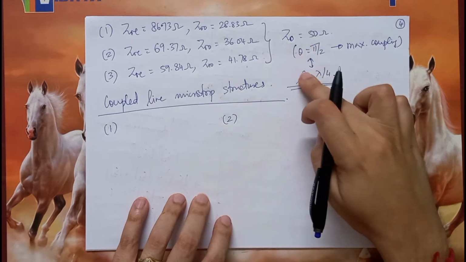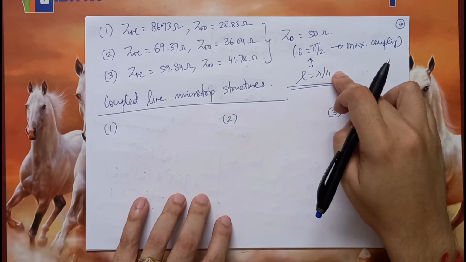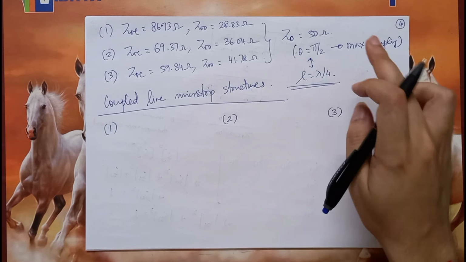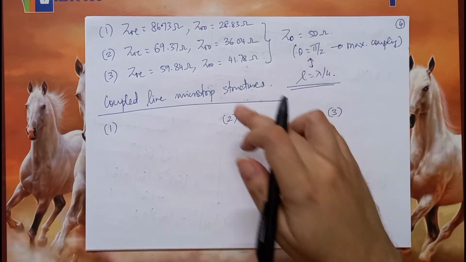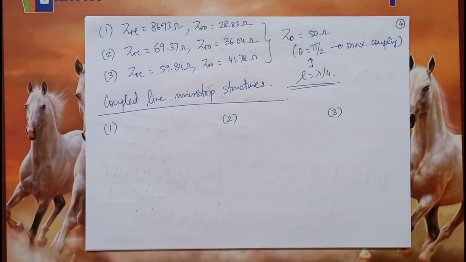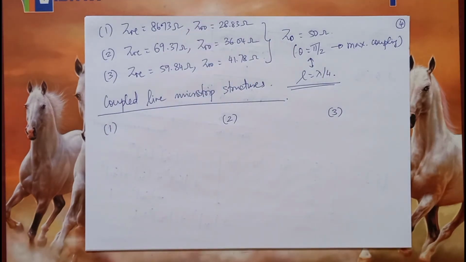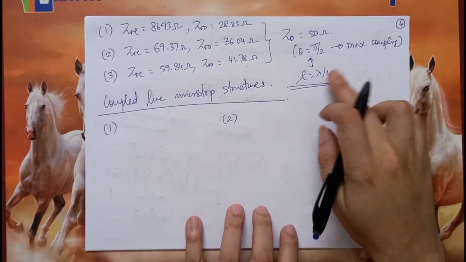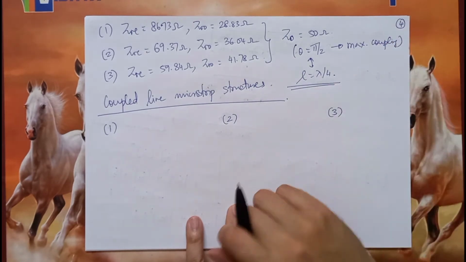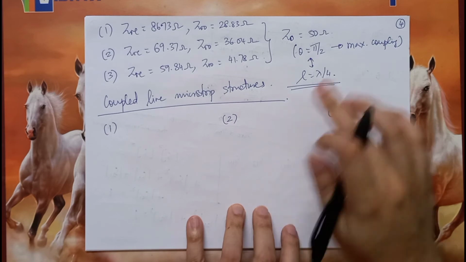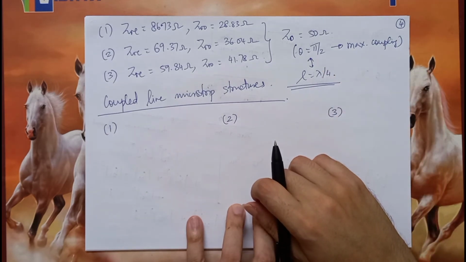While it is not a determinant in saying that S11 or S41 cannot be 0, because we have proved that as long as the Z0 is the geometric mean of the Z0E and Z0O, the S11 and S41 will always be 0 and it will not be a function of length. But the coupling and the S21 are indeed functions of theta. So therefore we cannot totally write this away.